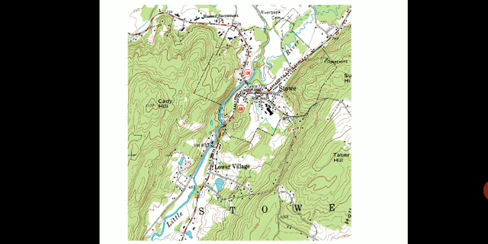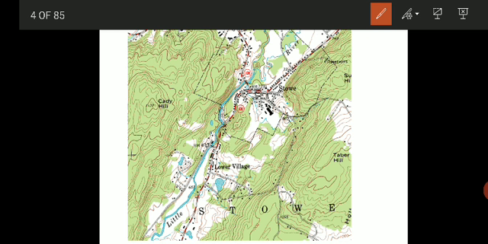Here is one map which is called a topographic map. You can see the brown color lines, those fine lines with numbers. You can see here 900, 1000. So what are these? These lines are called contour lines.